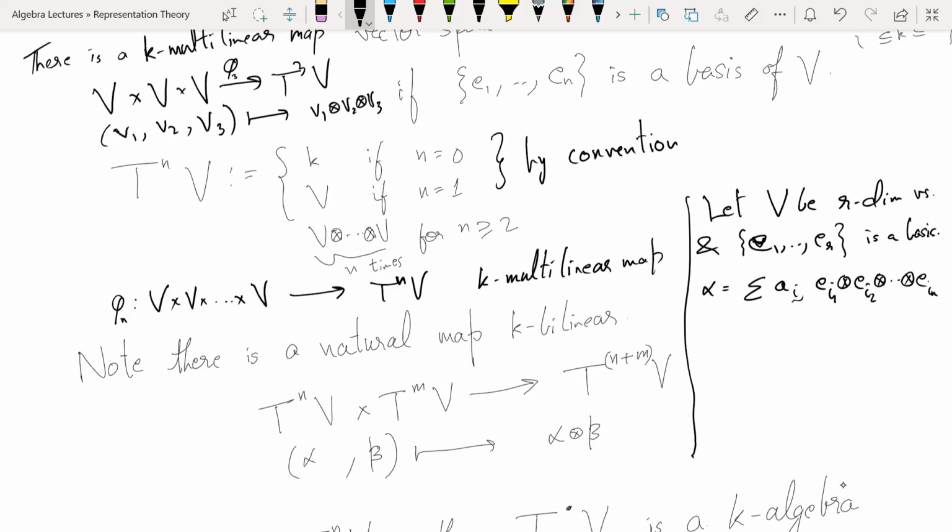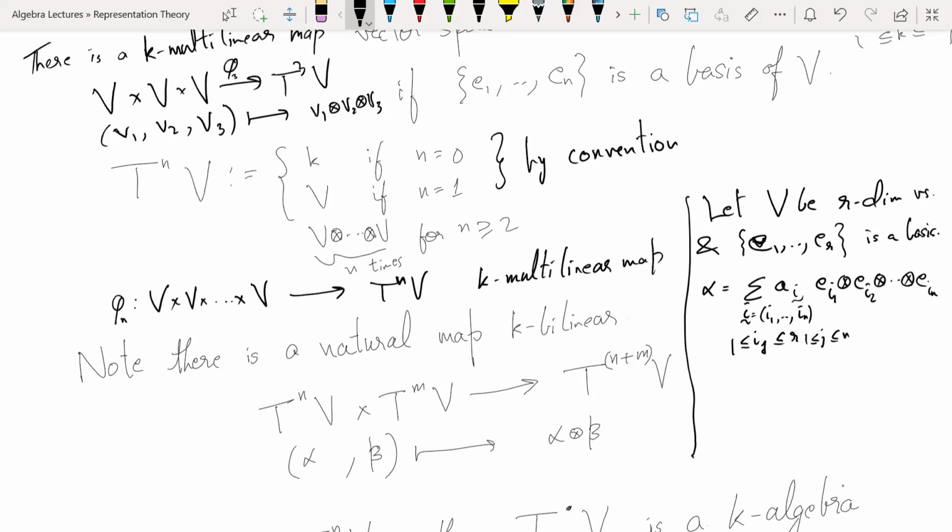Here i twiddle is basically the index i1 to in, where each i_j is a number between 1 and r, for all j from 1 to n.